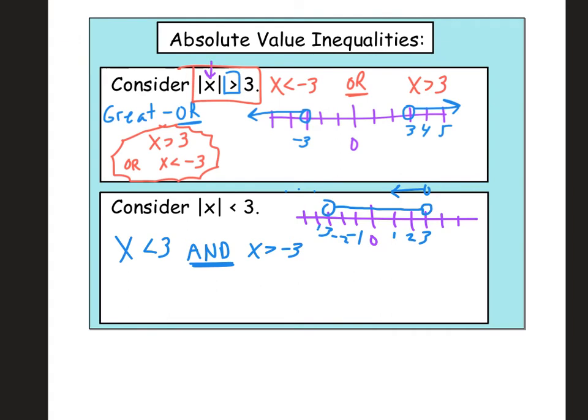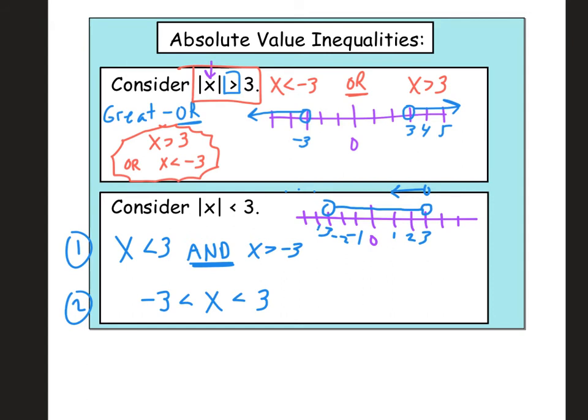Sometimes a simpler way to write that with an AND statement is this. You put the lower number first, then a less than sign, then the variable, another less than sign, 3. That's saying x has to be sandwiched in between. This is known as a compound inequality. So you can either write it with the word AND, or you can write it as a compound inequality, where it's saying two things.